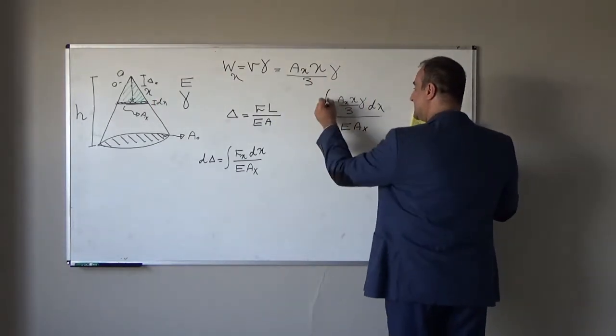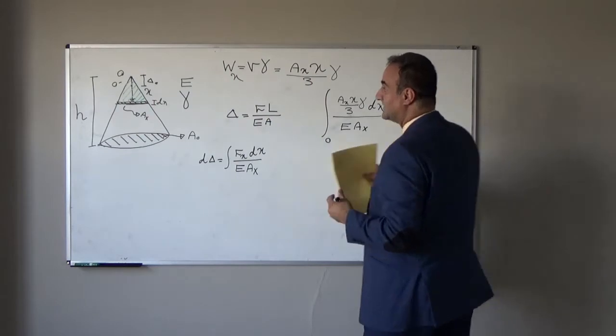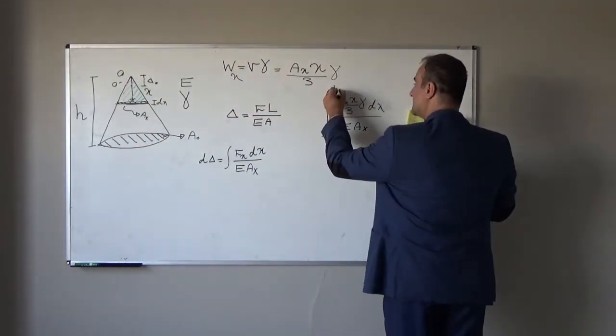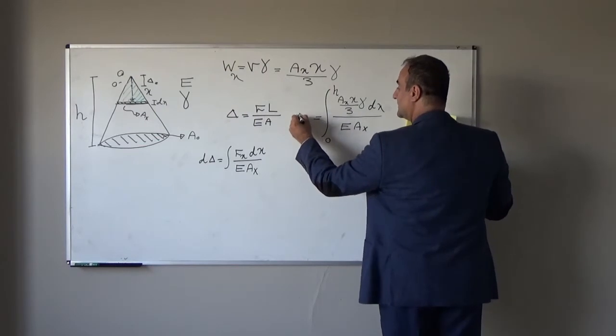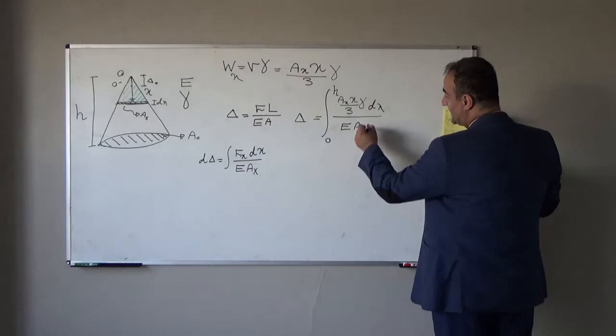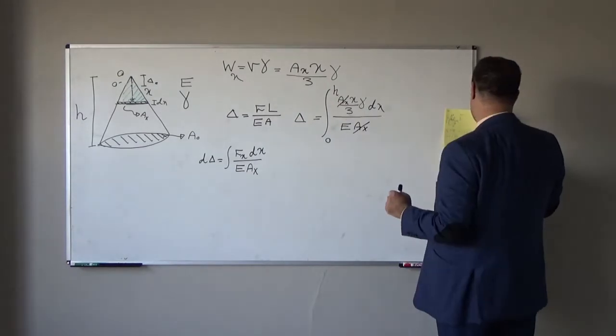If I integrate this from x values from 0 to entire height h, I will find delta. From here you see AX and AX, they will cancel each other.